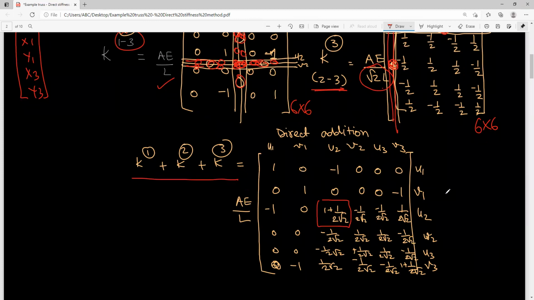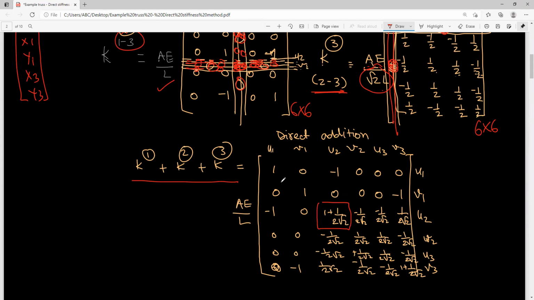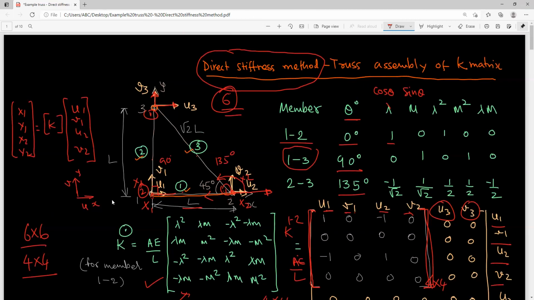Now you may apply, just like we have done in the spring case, the boundary conditions, the forces and the support conditions. Suppose I have a roller support here for this truss or a hinge support here, and suppose I am adding some forces in the horizontal and vertical directions.